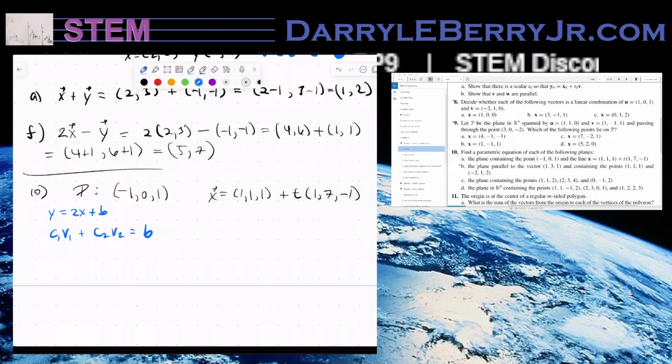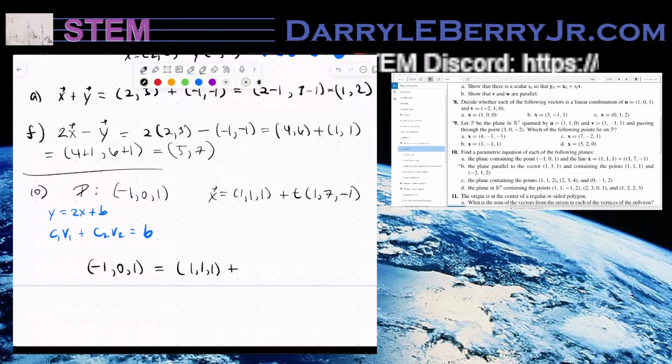That'll make a plane. So basically, there must be some point at which negative 1, 0, 1 equals 1, 1, 1 plus t times 1, 7, negative 1. There must be some point at which that is equal.